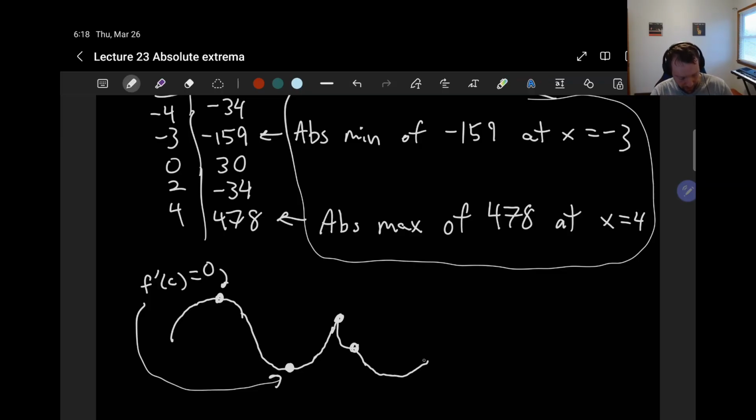But it could also happen at an endpoint because you could have something like this. Say my domain is suddenly cut off. Well, in a place like this, the derivative's not 0 because we're not flat, and it's also not a corner or cusp. The derivative is defined here on our domain because our domain is only involving one side.